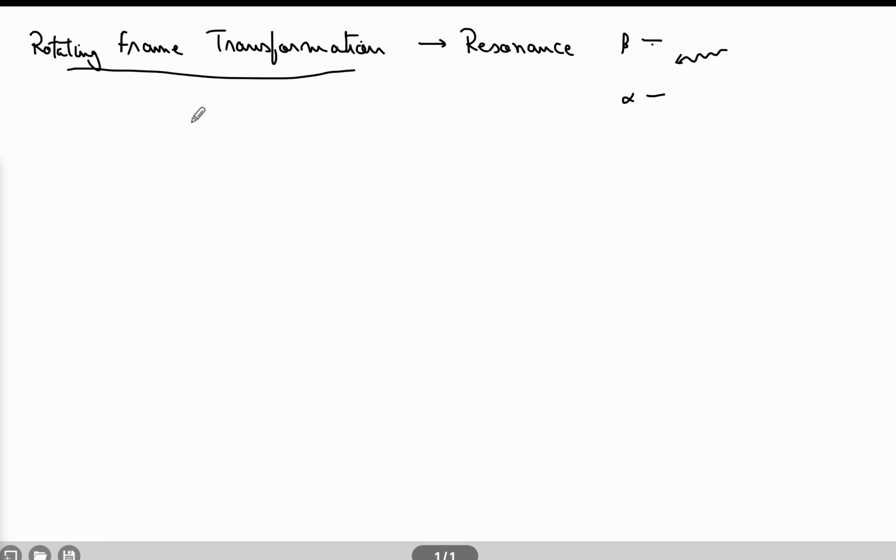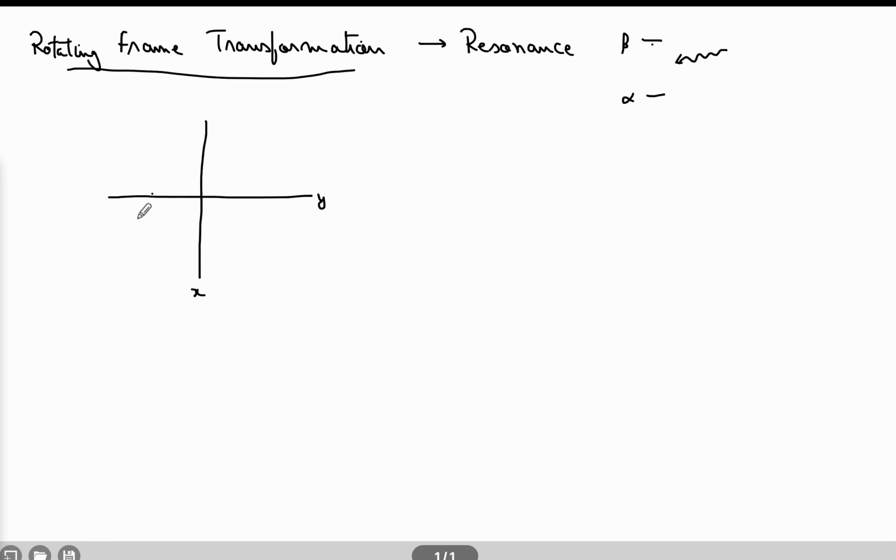So let us visualize the transverse magnetization again, which is precessing about B0 along the z-axis, right? I'm just looking at the x and y coordinate axes, and the z-axis is coming out of the plane of the board.